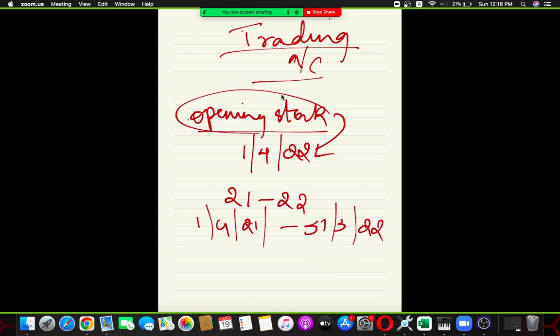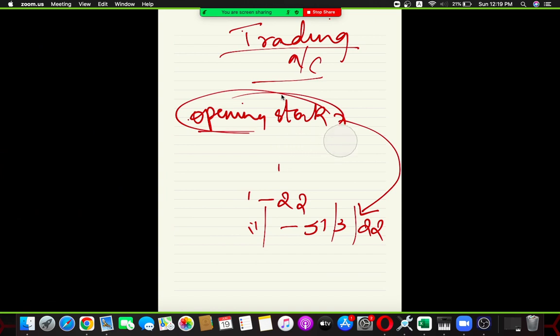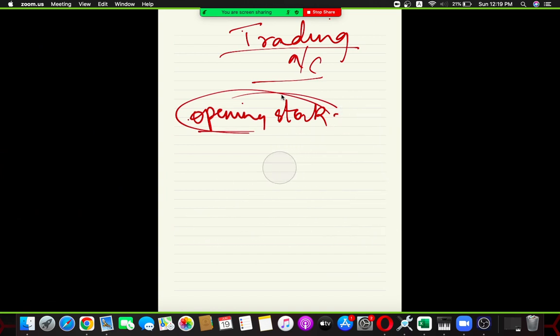Whatever opening stock I am representing over here is the closing stock of the previous year. So now we are considering the opening stock for our first instance. Now, we have closing stock.